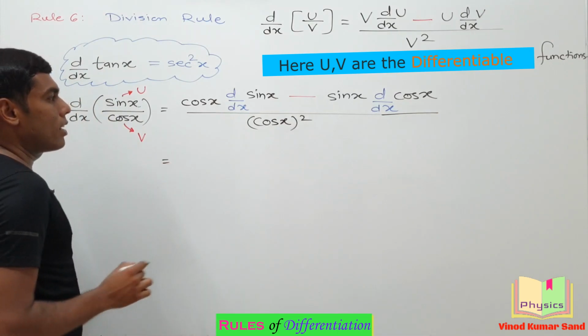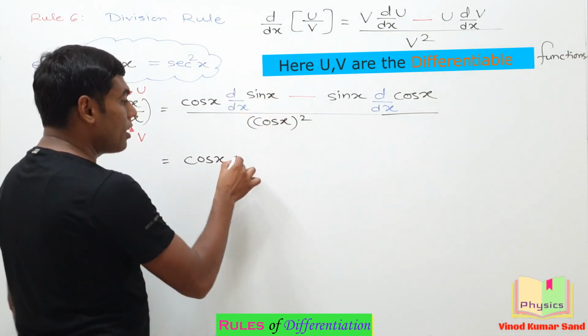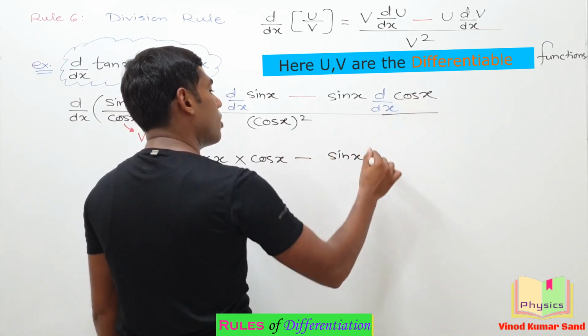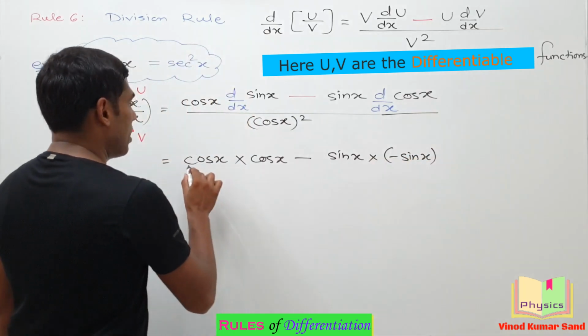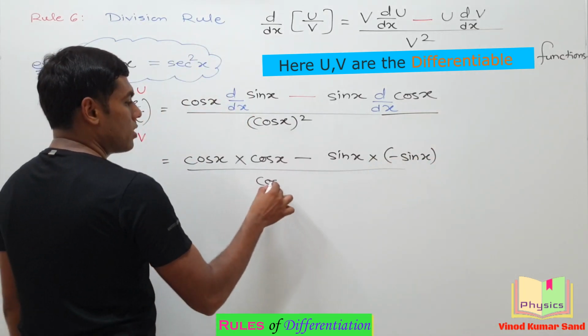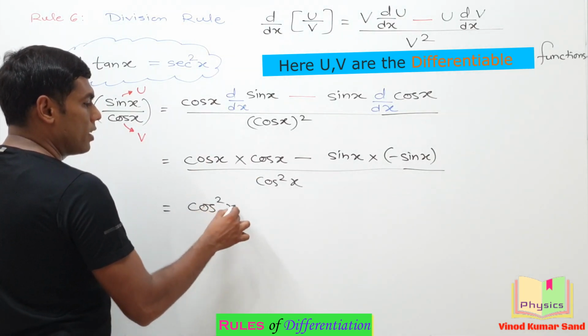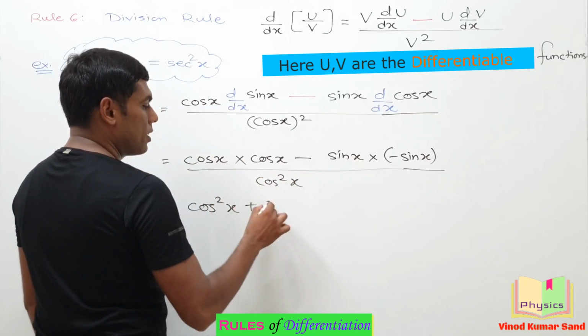Let us simplify the things further. Cos x, the differentiation of sin x is again cos x, minus sin x. Differentiation of cos x is minus sin x, divided by cos square x. Let's see. Cos square x, and this minus minus will become plus.